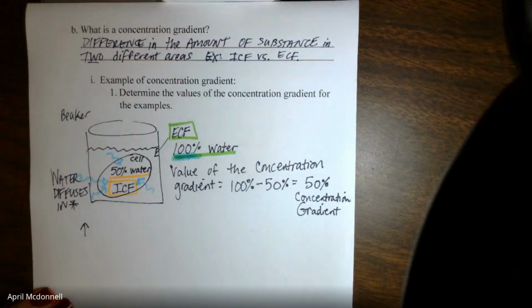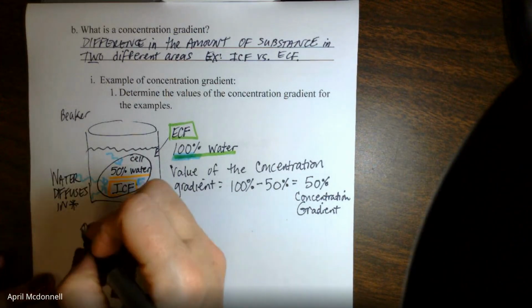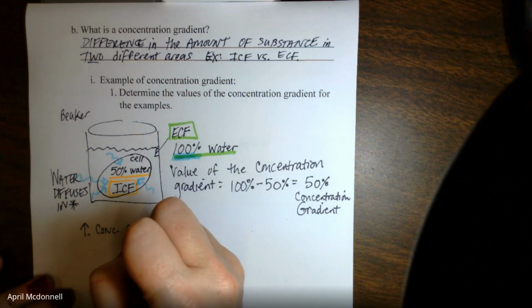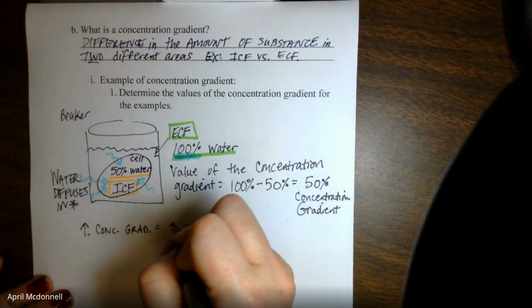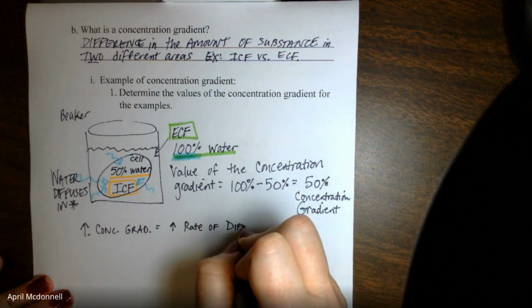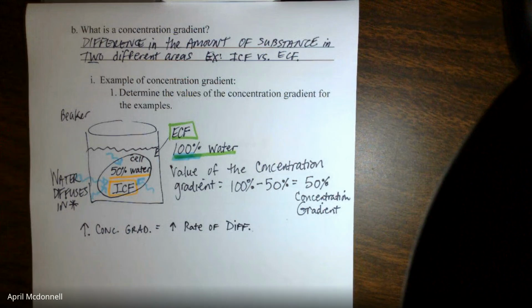Recall that when you have a steeper concentration gradient, that is going to increase the rate of diffusion. So an increased concentration gradient will result in an increased rate of diffusion.